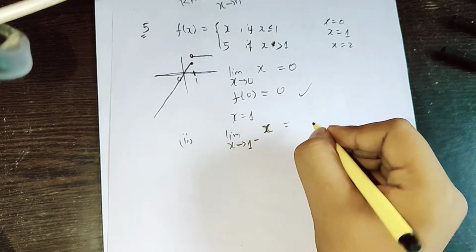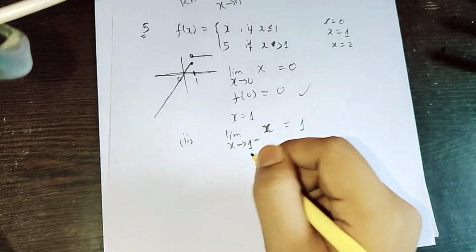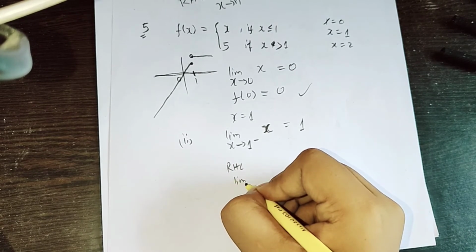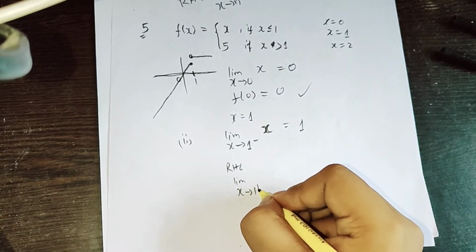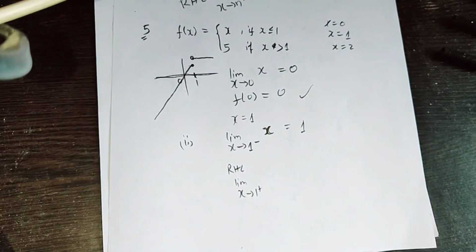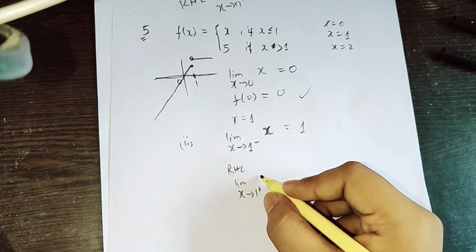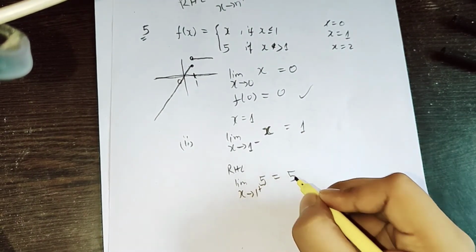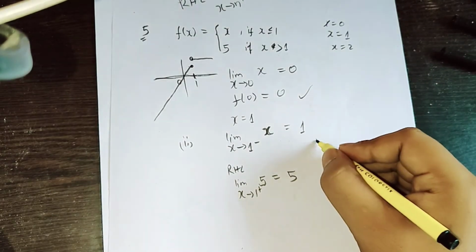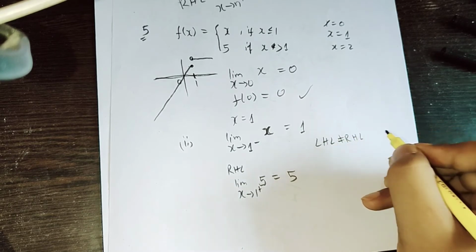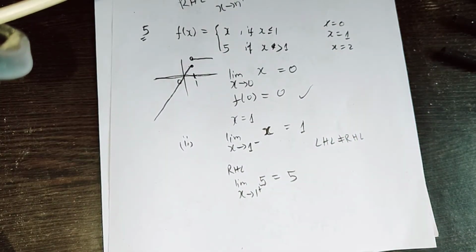Now we will put the value of x, so it will come 1. Now RHL, limit x tends to 1 plus, and as you know that if the value is greater than 1, the function value will become 5. Now your answer is coming 5. Now as you can see, LHL is not equal to RHL, so it is discontinuous at 1.